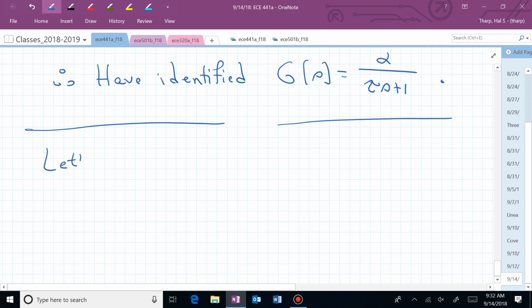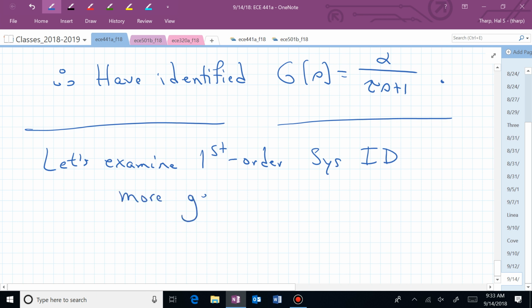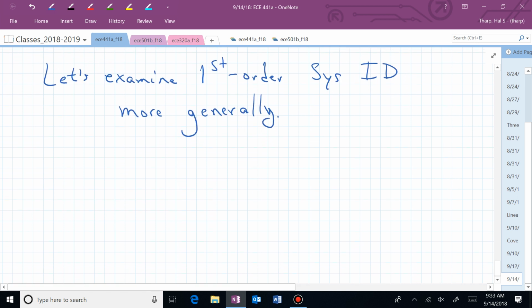Let's examine first order system ID more generally. And now I'm going to use an omega sub s, so it's sort of begging the idea that maybe now his first order system is a DC motor. And that's maybe what you're going to be dealing with on your homework problem, a DC motor.